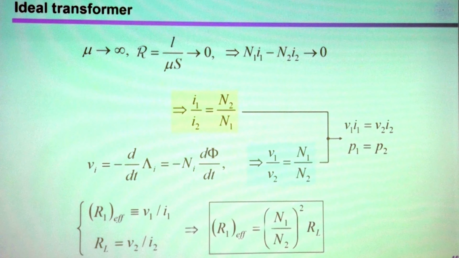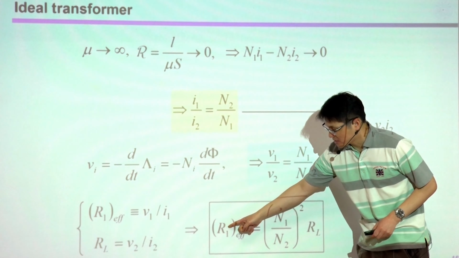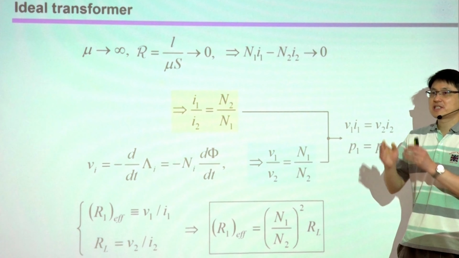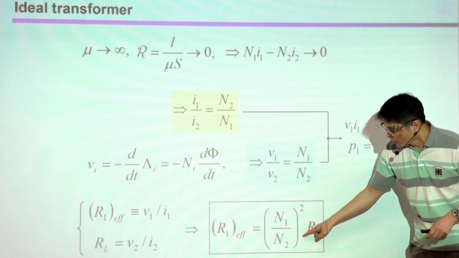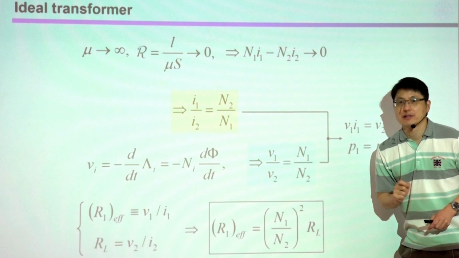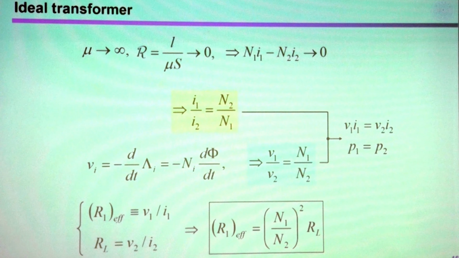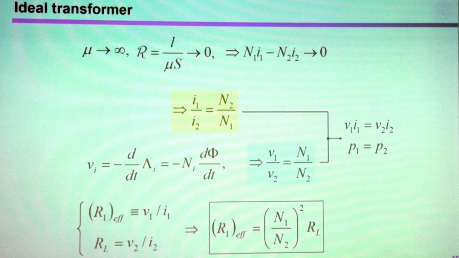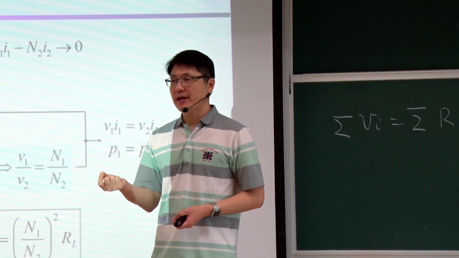This is also what you memorized in the past. The effective resistance or load seen by the first coil, your driving side, is your real load multiplied by the square of the winding number ratio. So now you have the complete information. You should ask yourself, what is the basic functionality of a transformer?